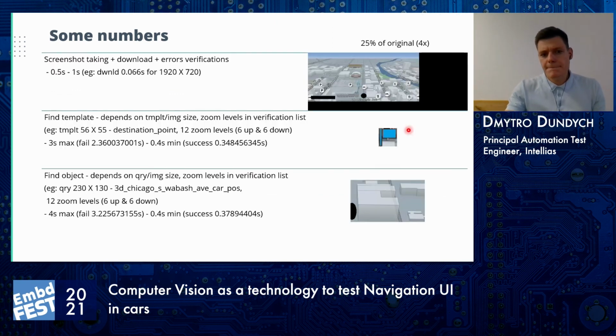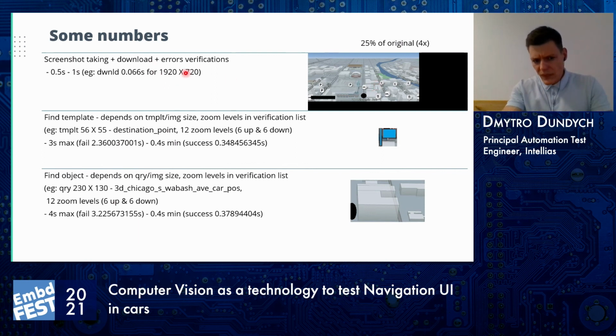Actually, the copying, making the screenshot and the pulling take about 1 second. The download time itself is very fast, 60 milliseconds, but checking the zoom, checking the correct downloading and copying sometimes costs approximately half a second to a second.